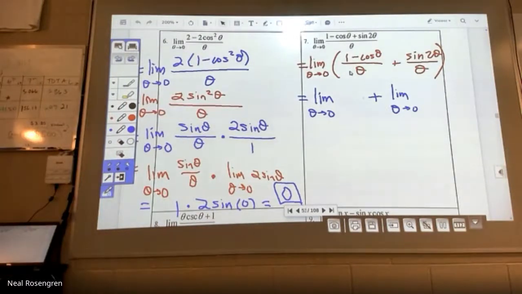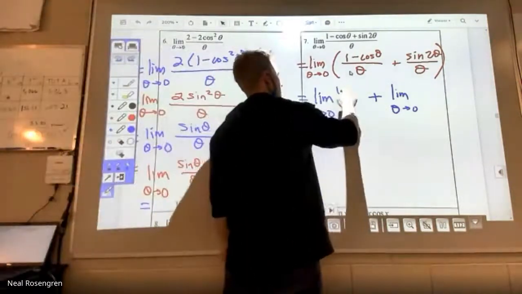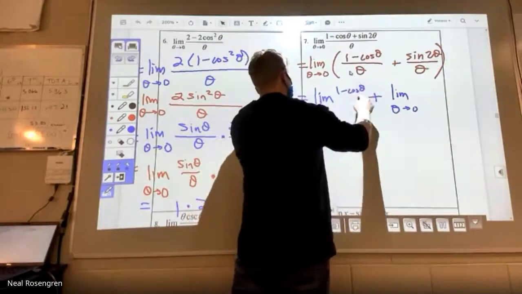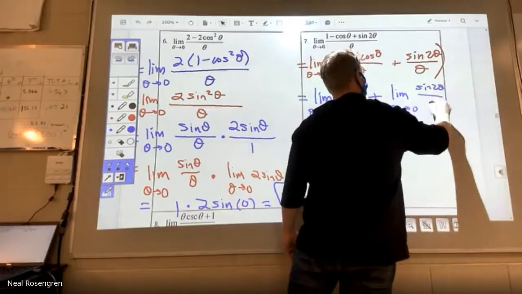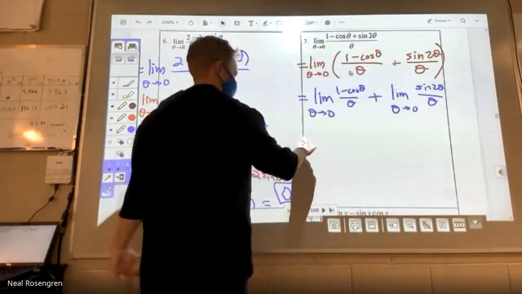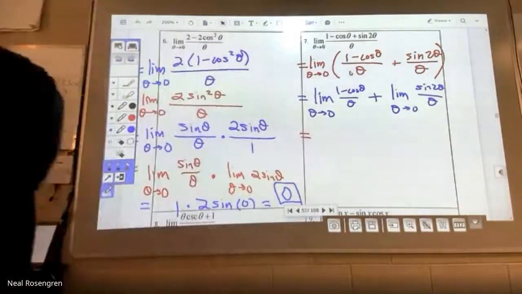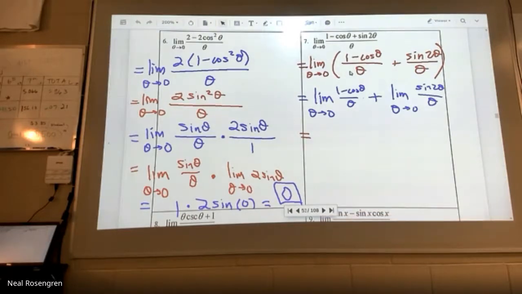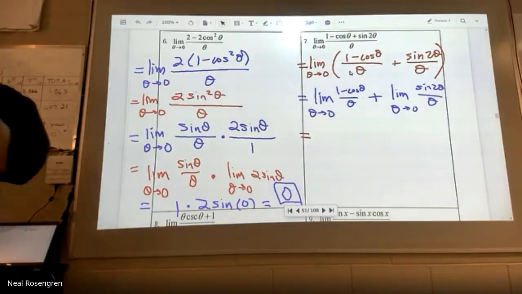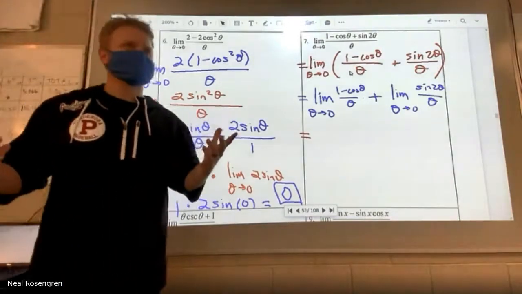Limits are definitely part of that. 1 minus cosine of theta over theta for the first one, and then sine of 2 theta over theta for the second. Do you get it? Does it make sense how I'm able to do that?